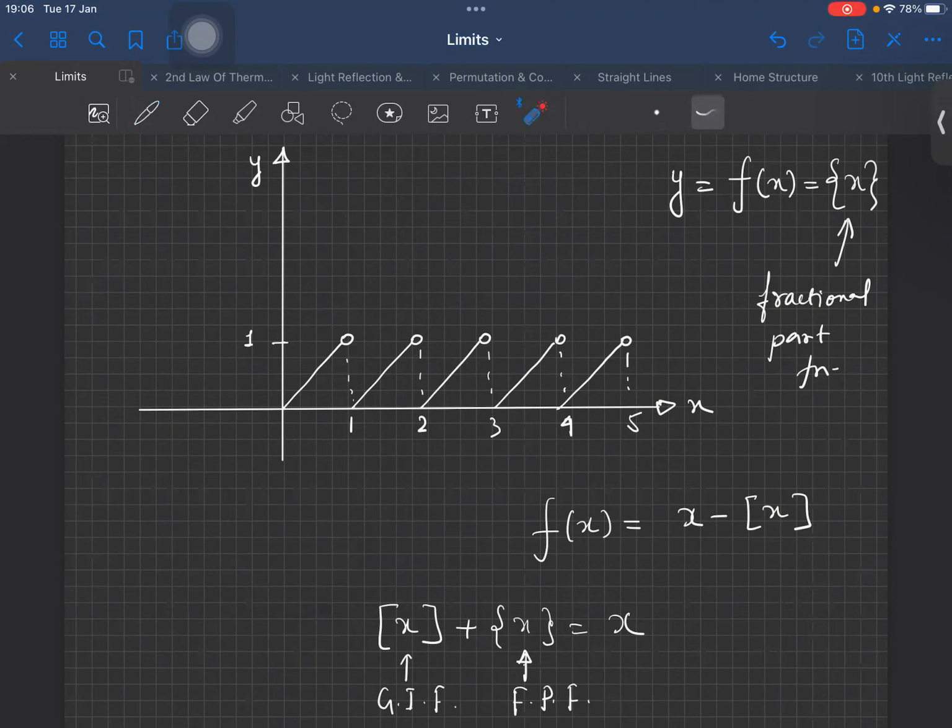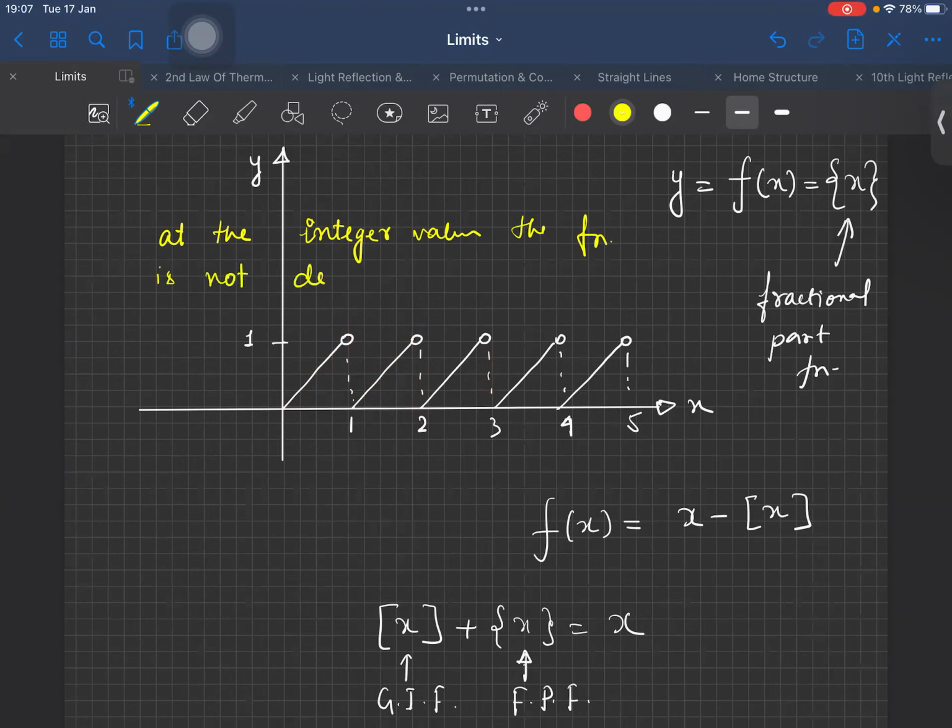Now you see there is a discontinuity at all integer values. That means the derivative exists from this point to this point, but not at 1, not at 2, not at any integer value. The function is not derivable at all integer values.